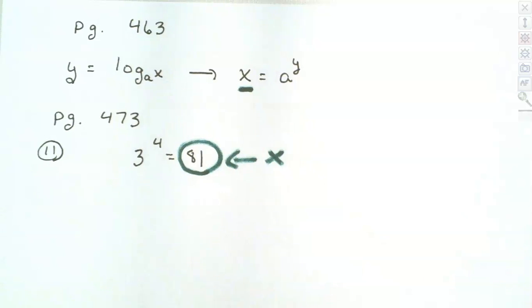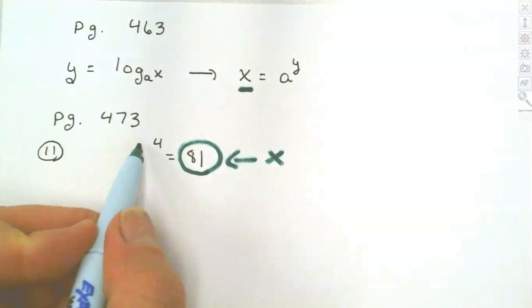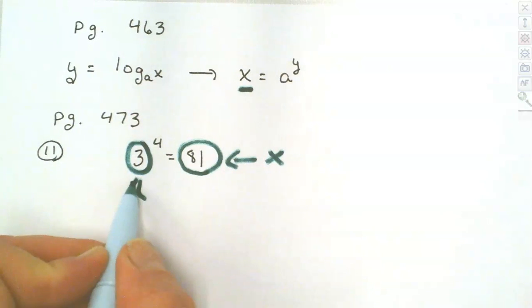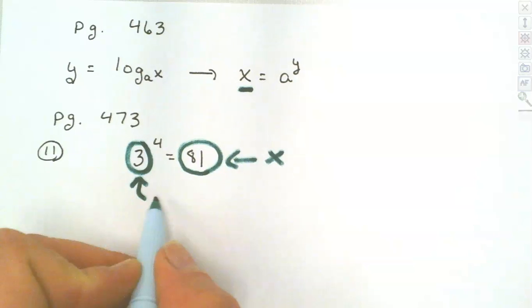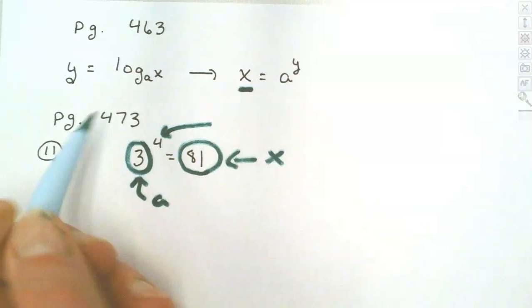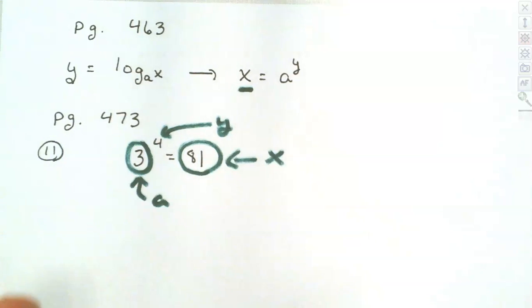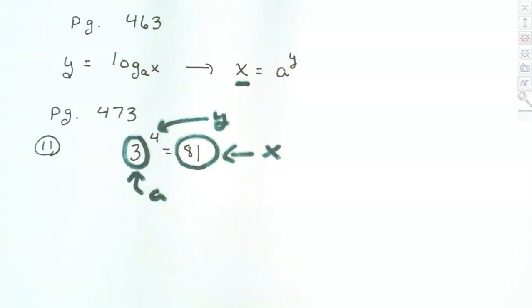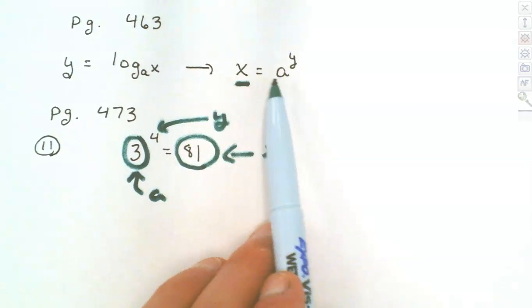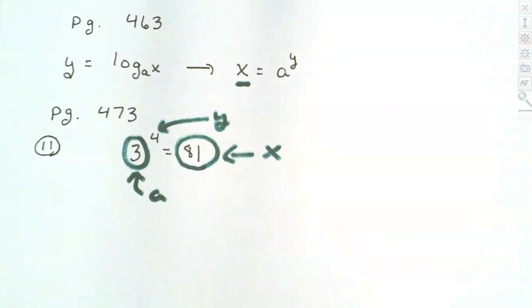So 81 is going to be your x. The a is going to be the 3. That's your base. And that 4, well, that's your y. So we identify it based upon if it's a logarithm or an exponential, and then we look at the pieces and we label the pieces.